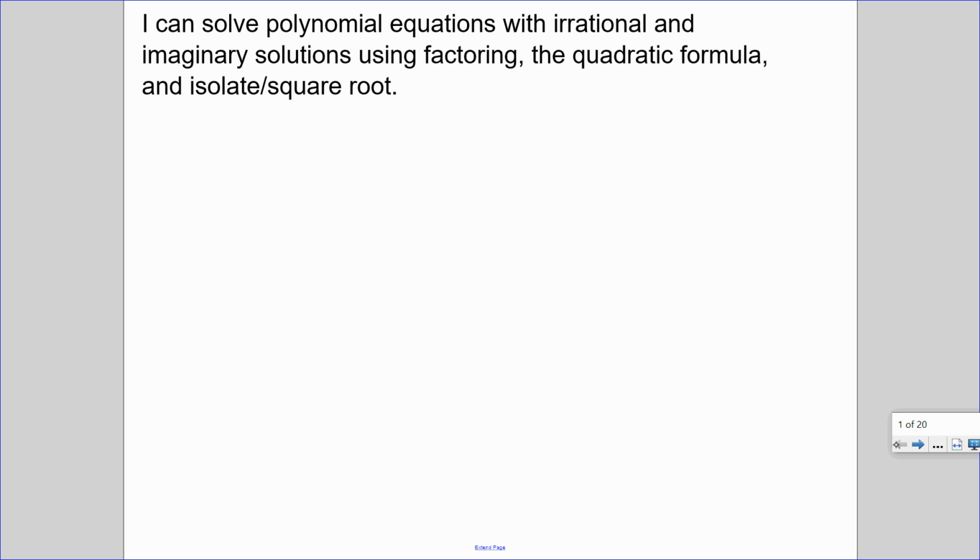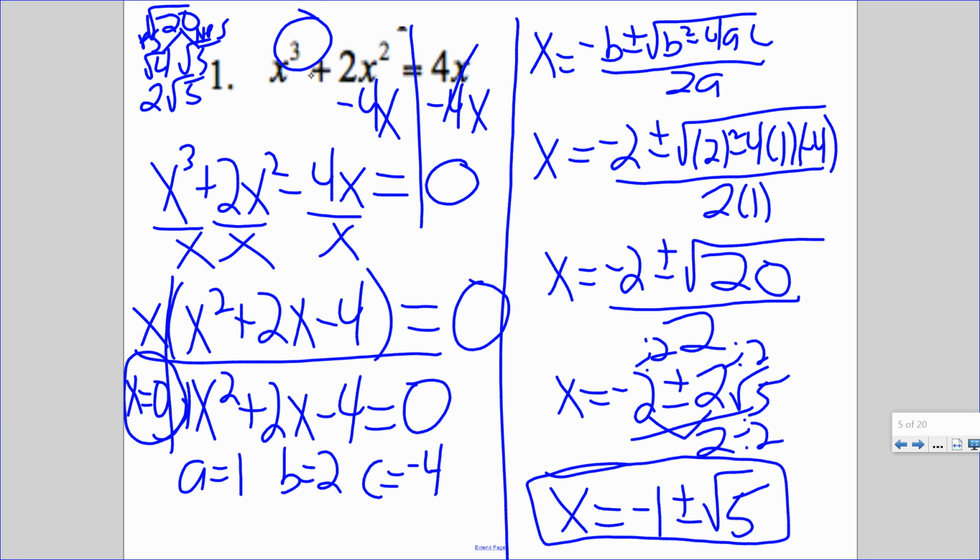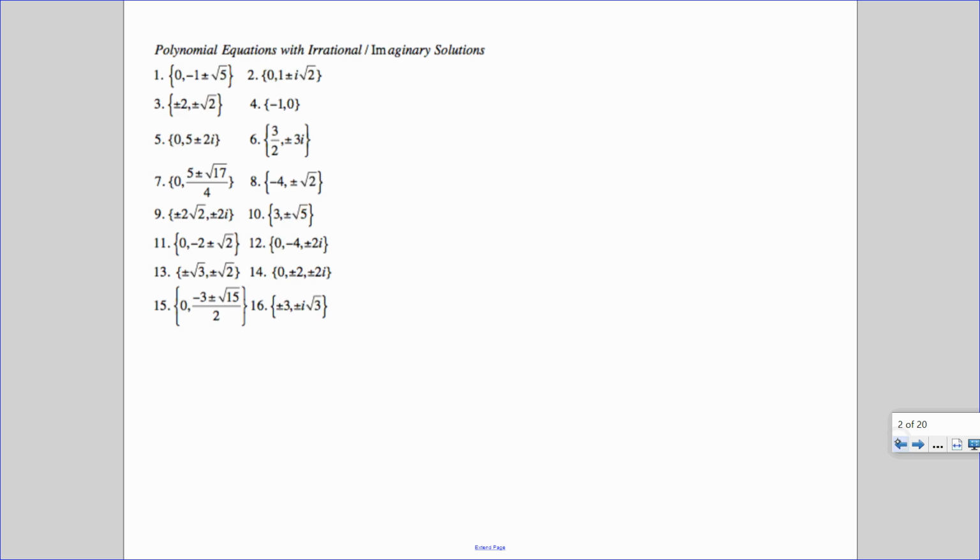Whatever the degree is, whatever the highest exponent, that's how many answers you're going to have. Again, here, if the highest exponent is 3, there's going to be a total of 3 answers. Keep in mind that plus or minus counts as 2. And that's it. This takes practice.